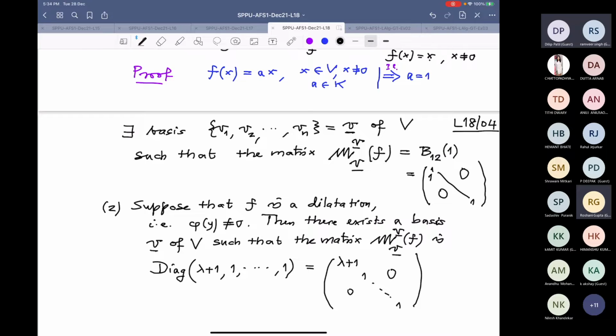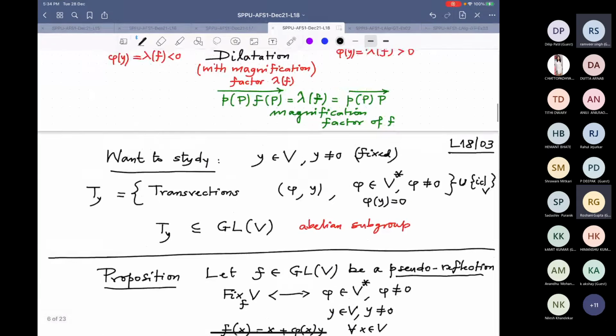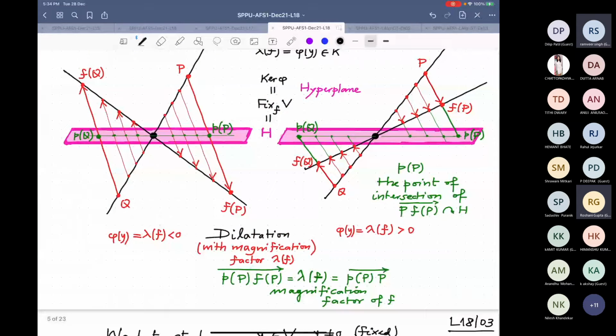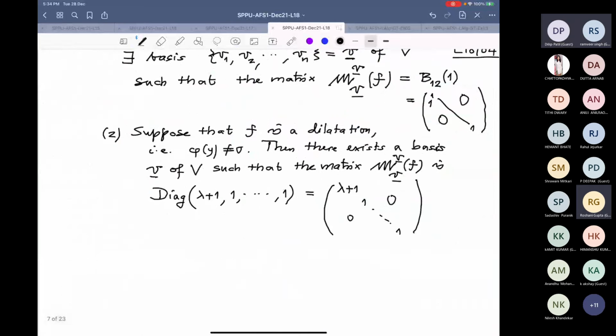This is it. If you have forgotten what lambda is, here lambda is that value. So remember, lambda is phi of 1, which is a non-zero element by our assumption. All right, so I will tell you the proof of 1, proof of 2 is similar, that you can do.